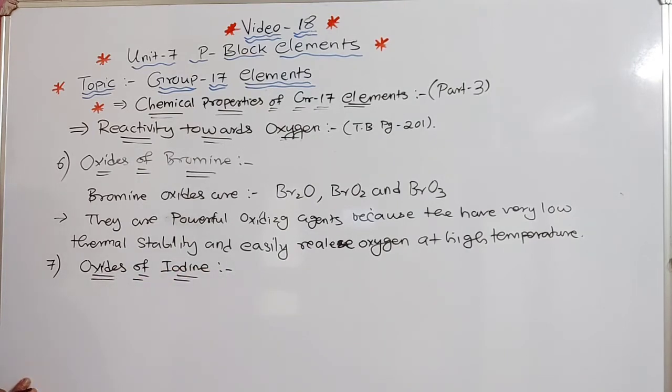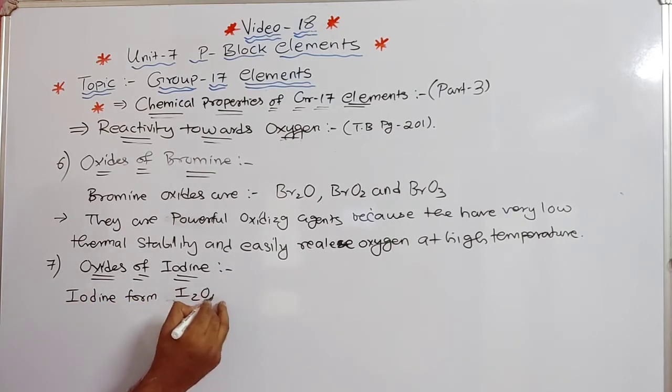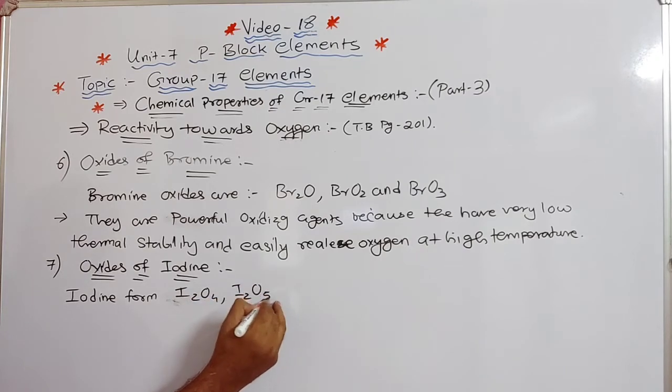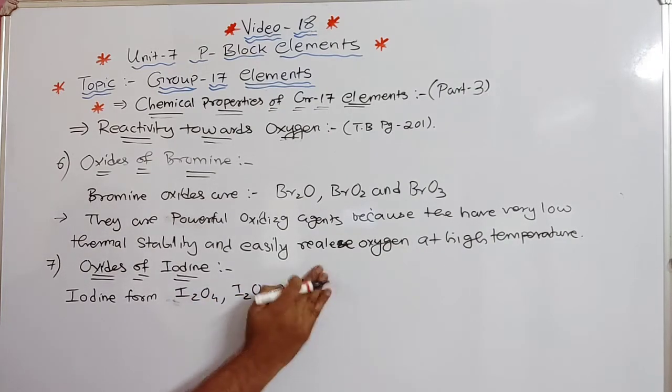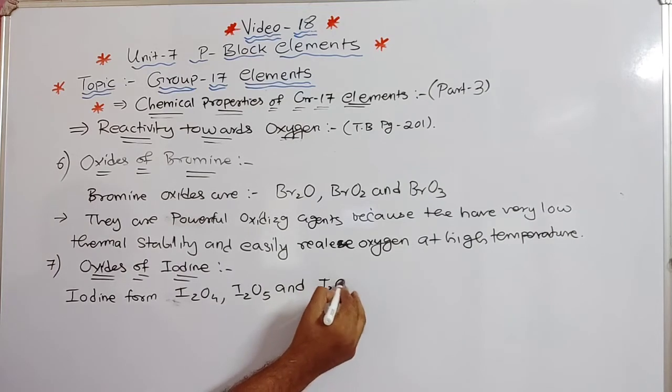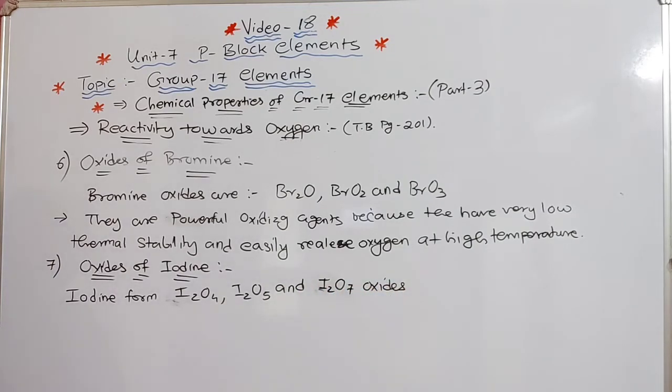When we talk about the oxides of iodine, iodine forms the oxides I2O4, I2O5 and I2O7. Iodine forms this many oxides.